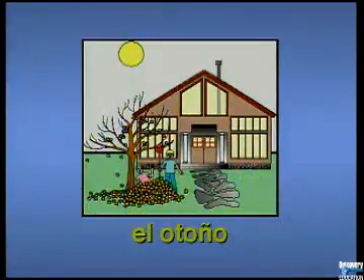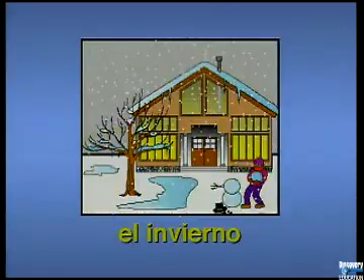Now, we also said, remember that there are the places with 4 seasons? Well, let's go ahead and go over the seasons again quickly right now. The first one, el otoño. You guys know these pretty well by now, I hope. Can you say that? El otoño. After otoño comes el invierno. El invierno.